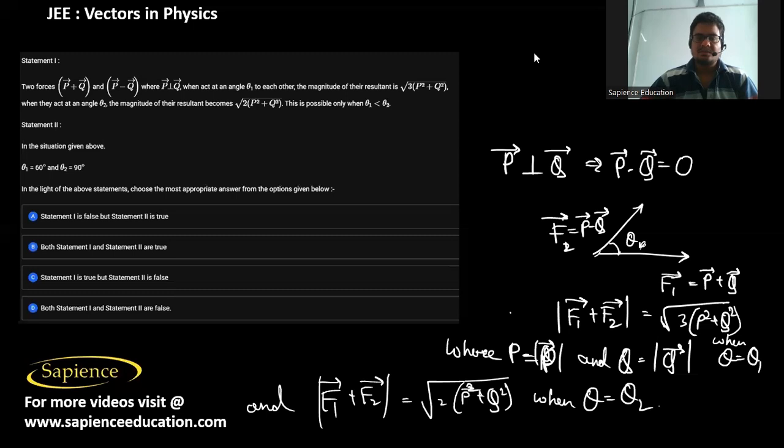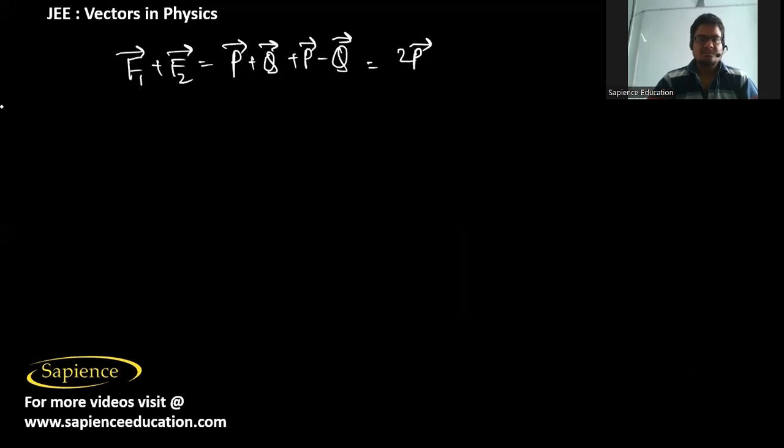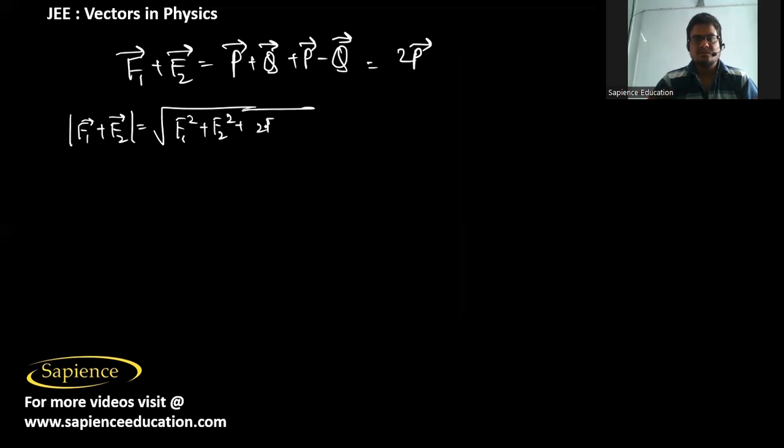Okay, so here the magnitude of F1 plus F2, that we can tell will be equal to square root of F1 square plus F2 square plus 2 F1 F2 cos theta.